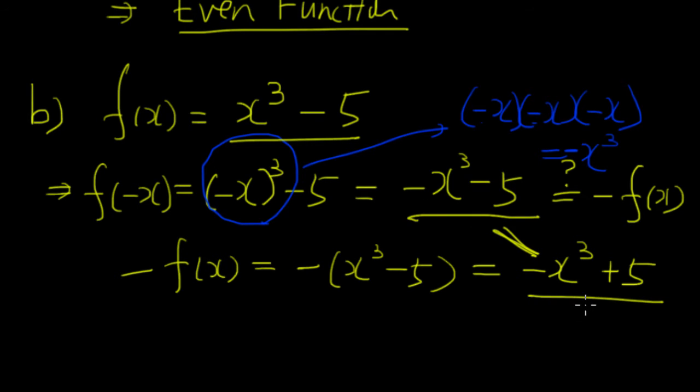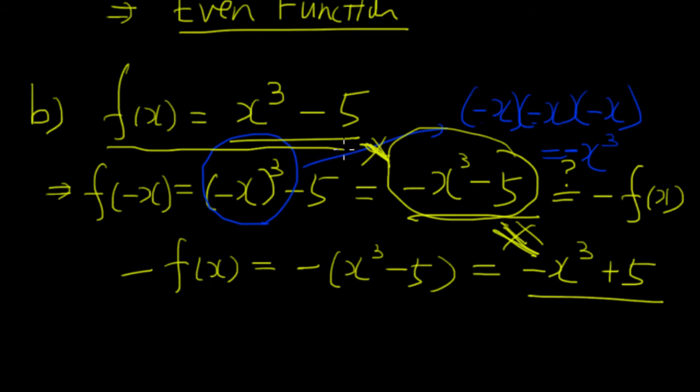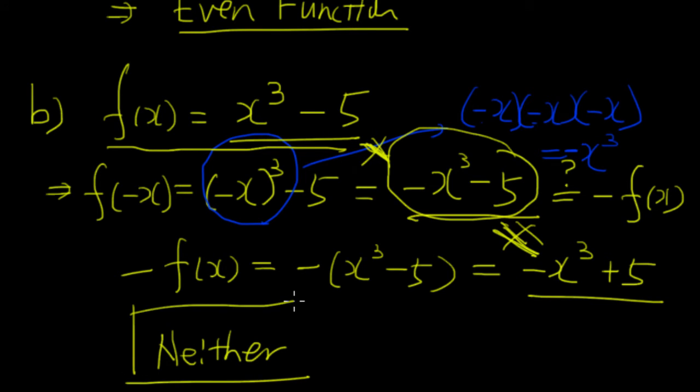Well, they're not the same either. So this is not the same as this. This is not the same as this. So this original function right here is not an even, not an odd function. This is neither.